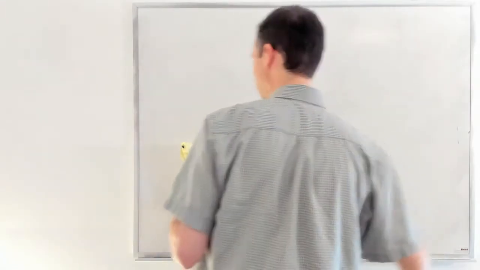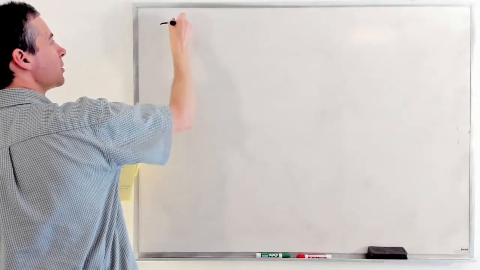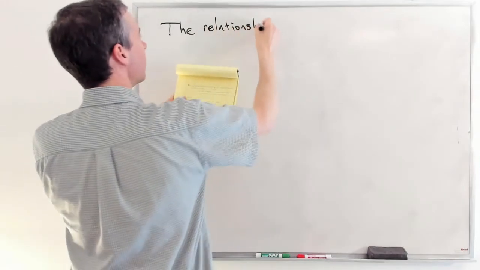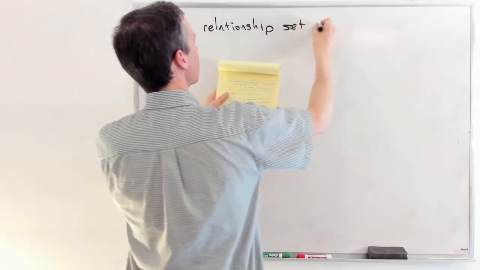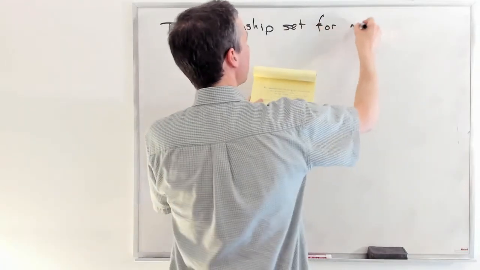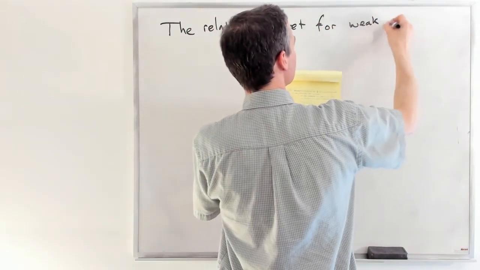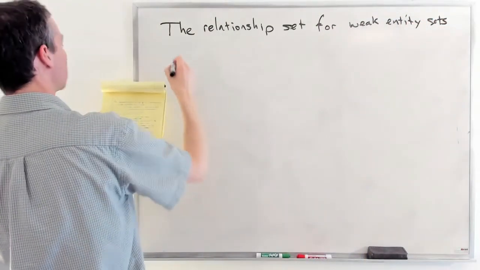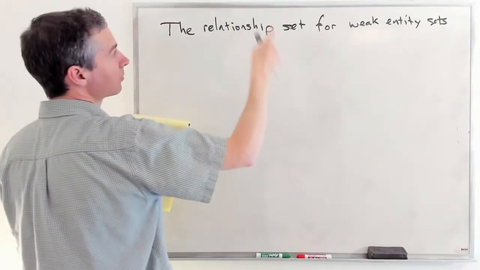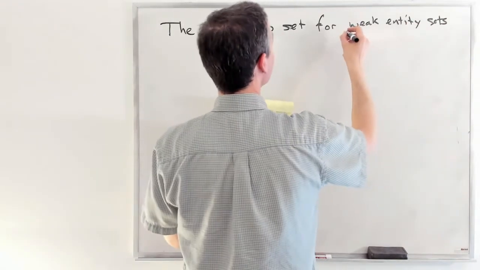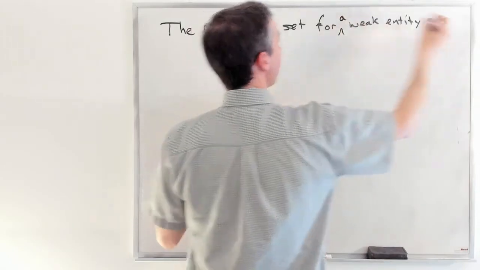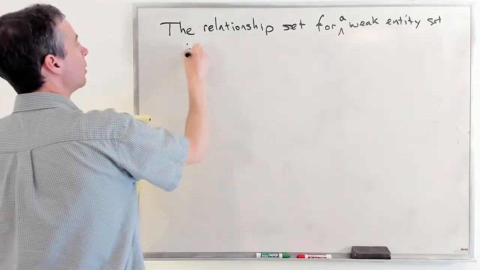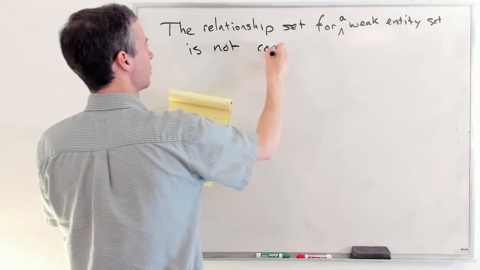Part of the reason is that the book spends a long time on this and then eventually tells you, in a single sentence, that the relationship set for a weak entity set is not converted to a table.